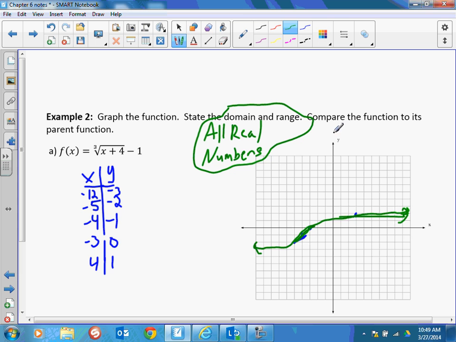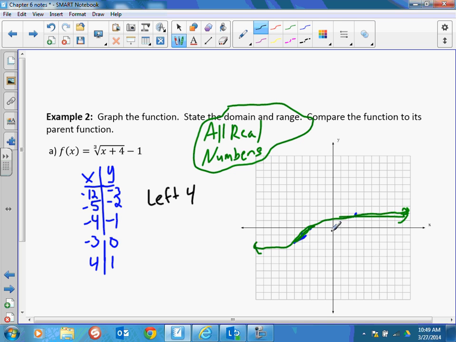Okay, and then compared to the parent function, what that x plus 4 does: if you notice, the original parent function started at 0, 0. When you do x plus 4, now our original origin point starts at -4. So what the x plus 4 does is move it left 4 units.